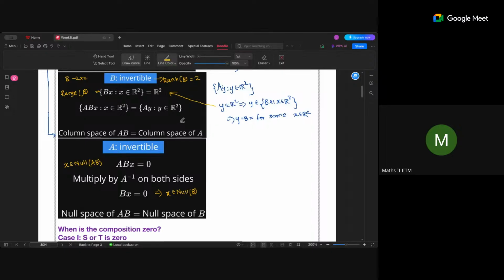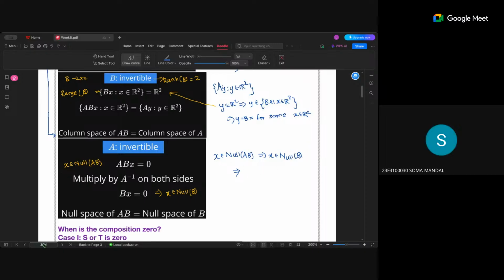From this, what is the set relation you can get from this implication? What is the relation between null of AB and null of B from here?